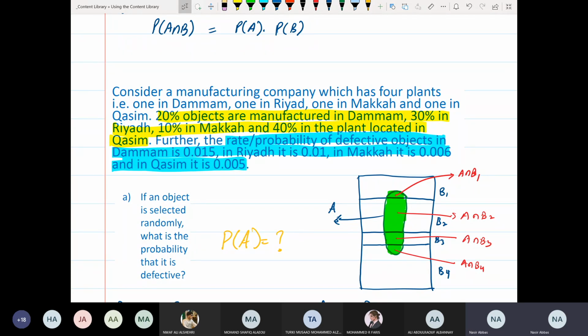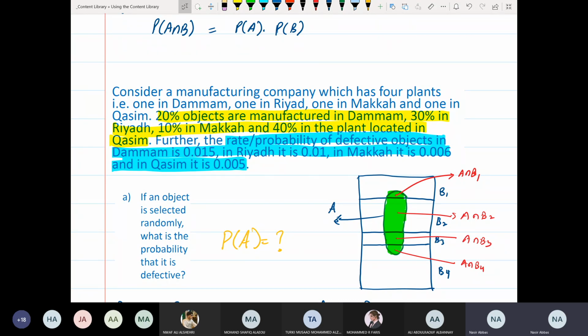If you know the product is from Riyadh, then the probability of defective is 1%. If you know the product is from Makkah, then the probability of defective is 0.6%, and so on. So these given probabilities in the question are not intersection probabilities. These are conditional probabilities.